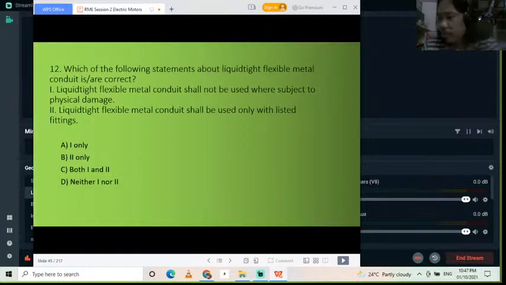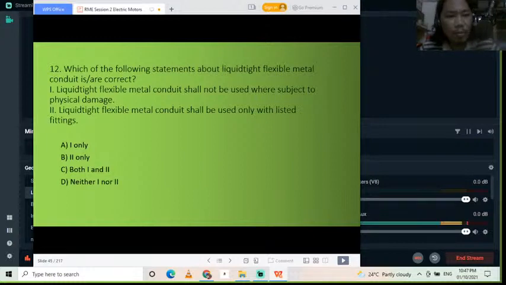So, number 12. Which of the following statements about liquid tight flexible metal conduit are correct? 1. Liquid tight flexible metal conduit shall not be used where subject to physical damage. Or 2.